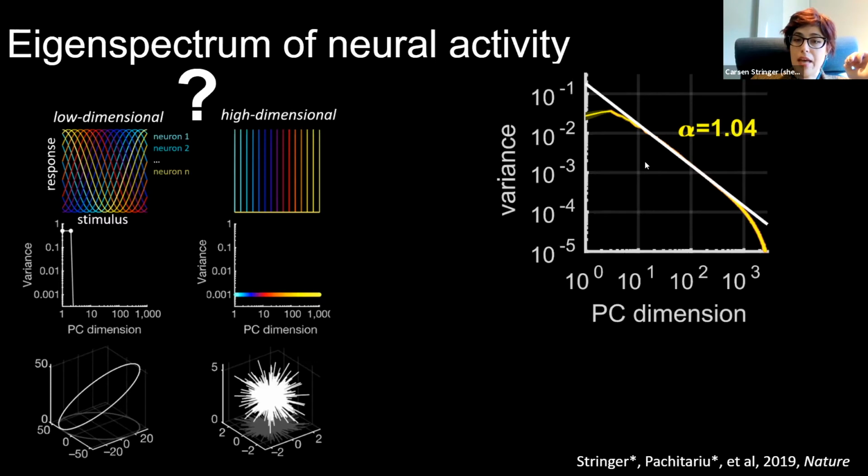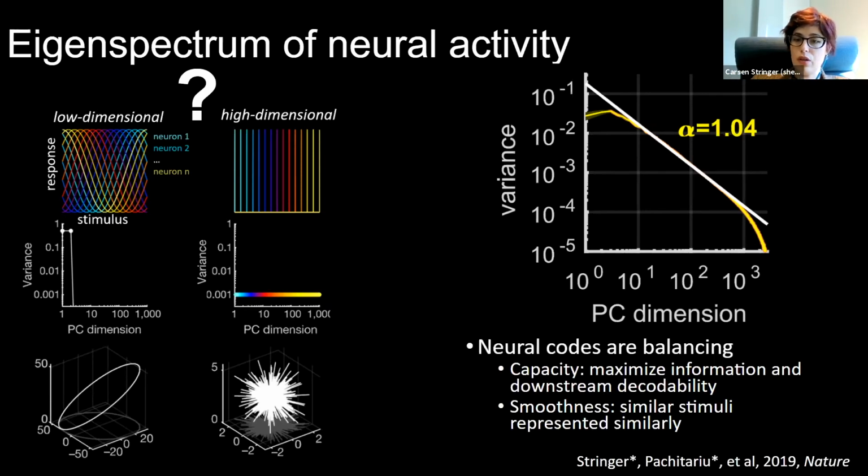But there are still many thousands, over 1,000 significant eigenvalues in the tail, which can encode finer features in the stimulus space. So we think that this suggests that the neural code is balancing 2 things. So capacity: you want to maximize as much information as possible that you can encode about the sensory world. So you want to be as high dimensional as possible.